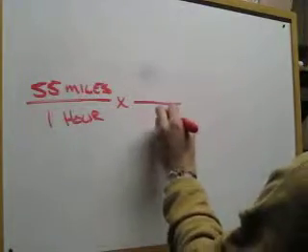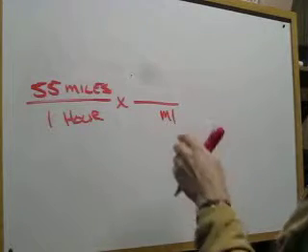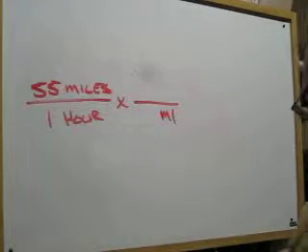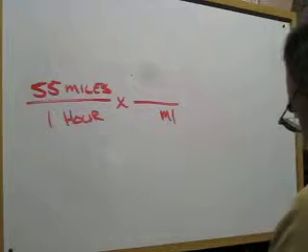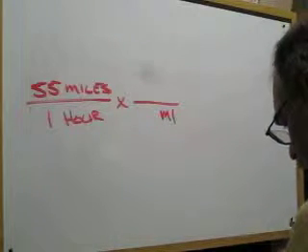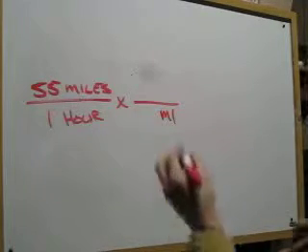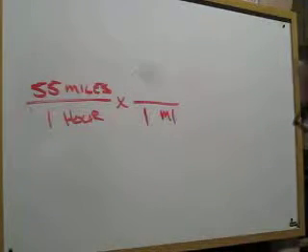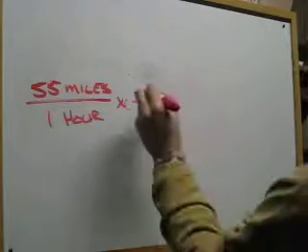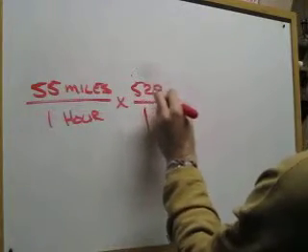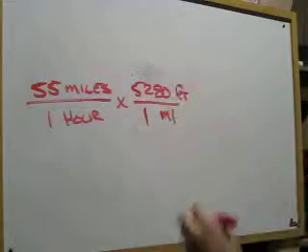So I put my miles down here. Now I have to look back on page number 570, middle of the page, middle column. Do I have any conversion there that compares miles to feet? Yes, I do. It says that if I have 1 mile, so I can put a 1 there in front of the mile, 1 mile equals 5,280 feet.